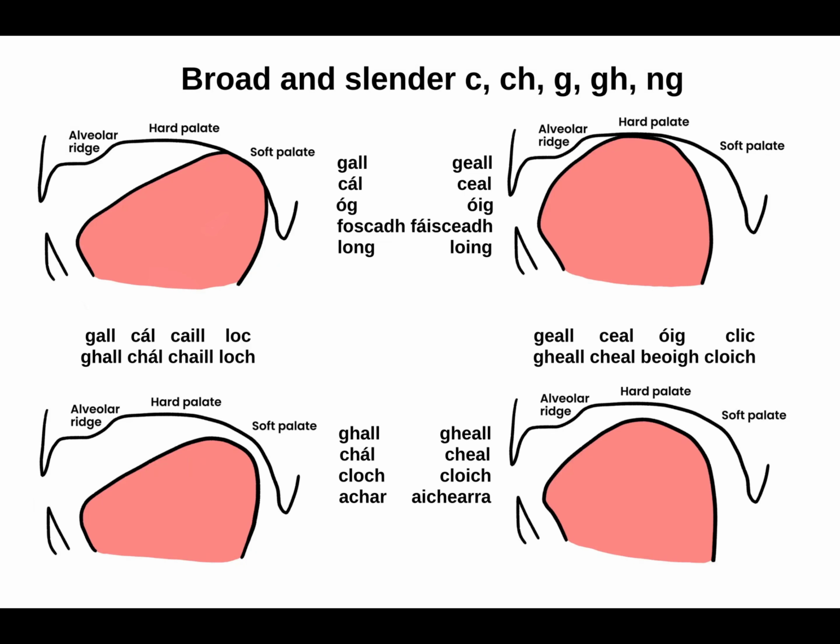And so these fricatives are pronounced fairly similarly to their counterpart stops. So you'll notice that the fricatives in the bottom left are the lenited forms of the stops in the top left. So for example, the stop gal is lenited to ral.